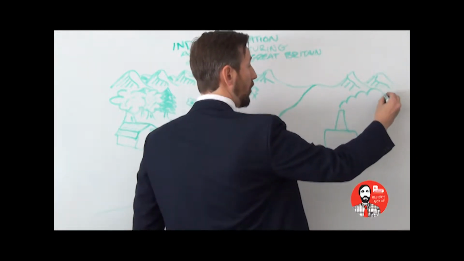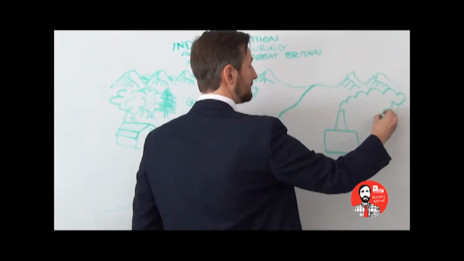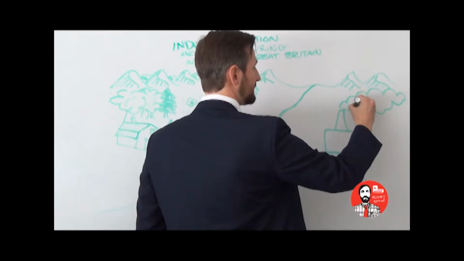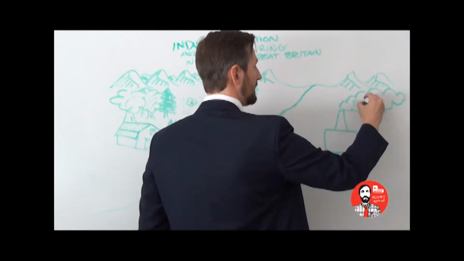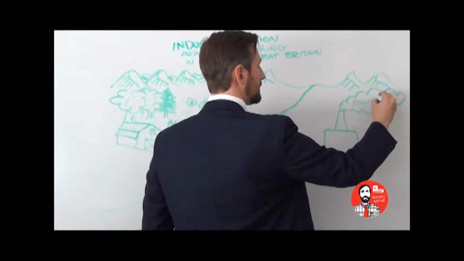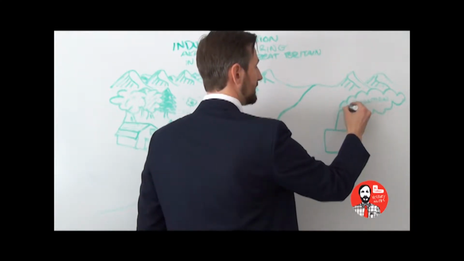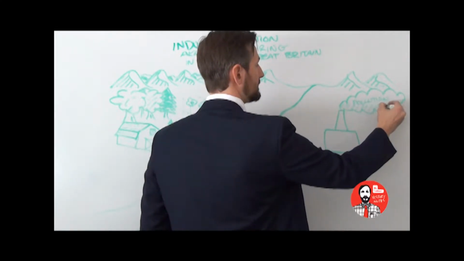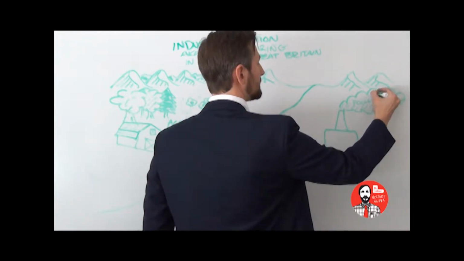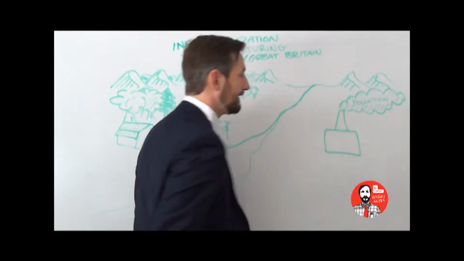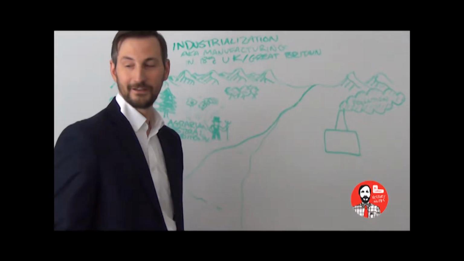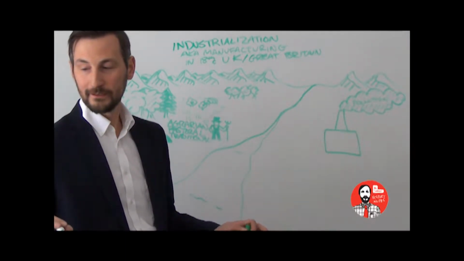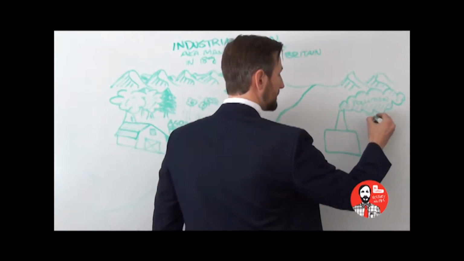This is coal from burning coal. And inside of this coal cloud, I'm going to write pollution, which is one effect of this. Make some diagonal lines going sideways, or diagonally. Ready? Okay. So this is from coal.